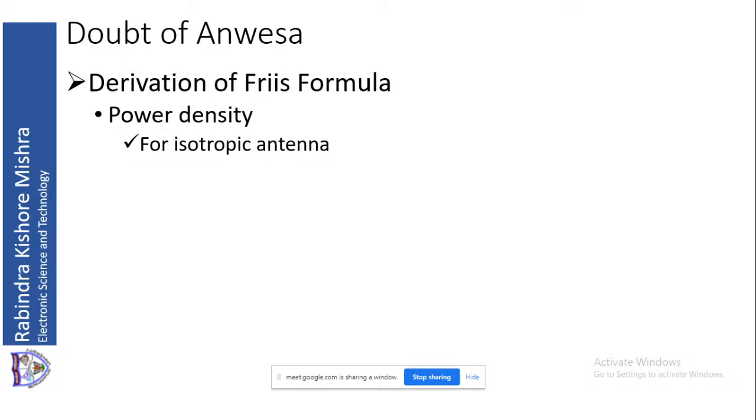For an isotropic antenna, the power density S is equal to U average by R square. This we have already seen and derived. That will be equal to PT by 4 pi R square, where PT is the power radiated, the power at the transmitter. U average is PT by 4 pi.